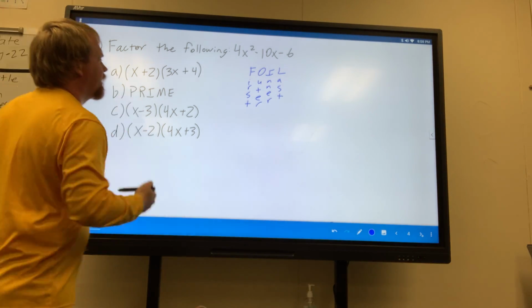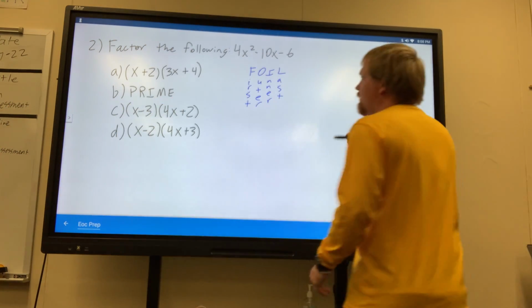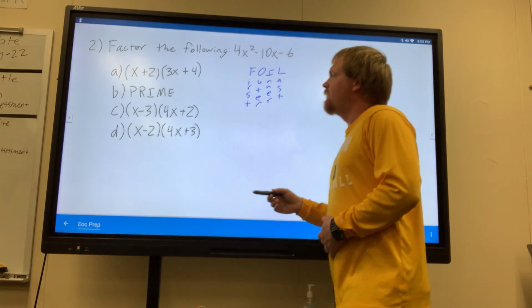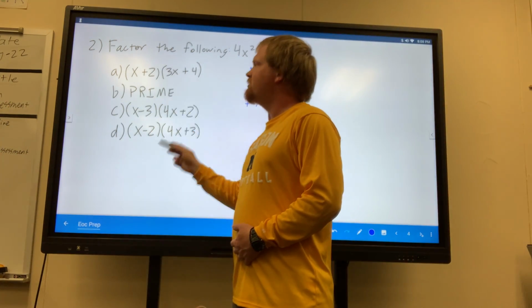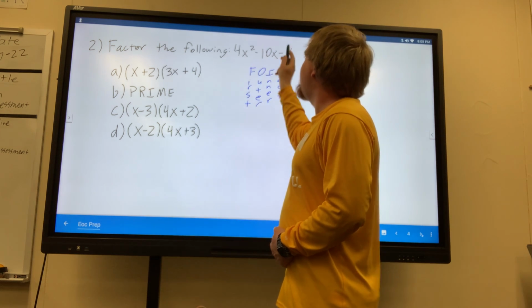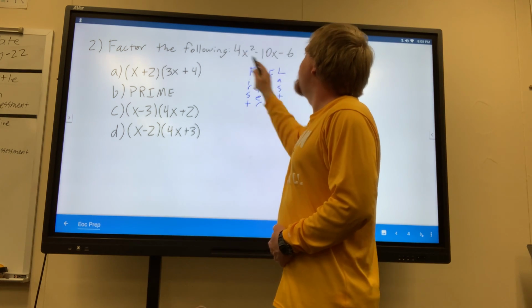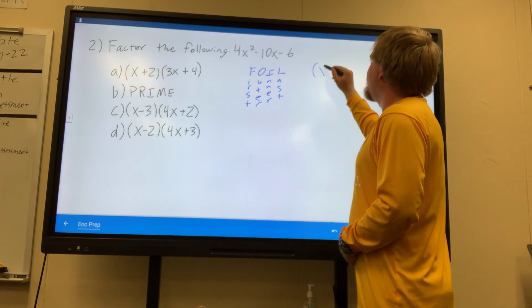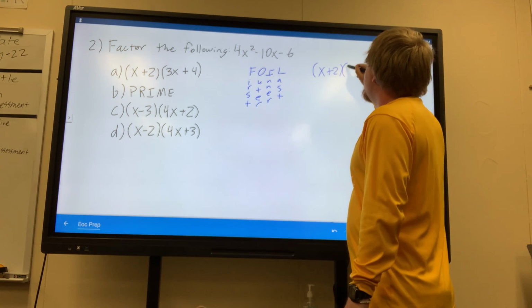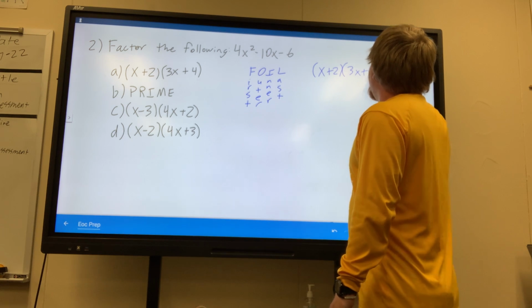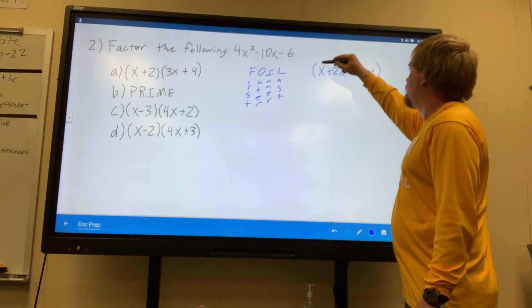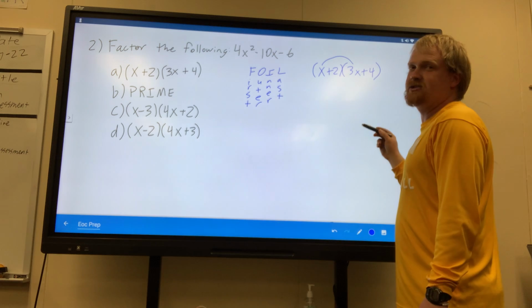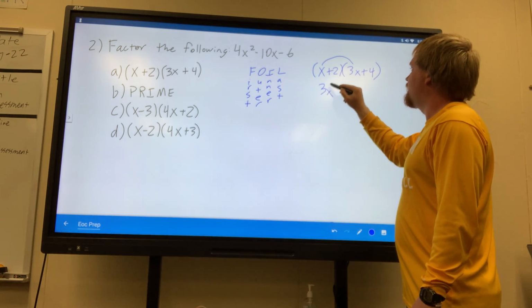So here's what I mean. So imagine if I look at A. And what I want to do is FOIL each of these to figure out if it matches this expression. So let's look at A. So the first term is the x and the 3x, which gives me 3x squared.